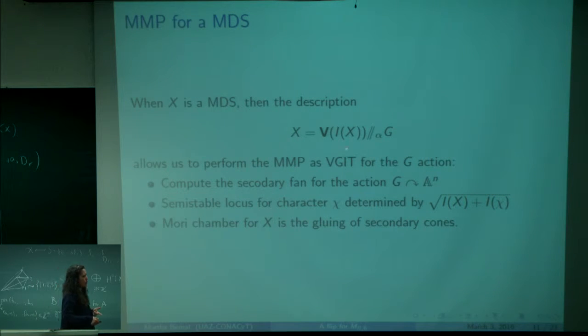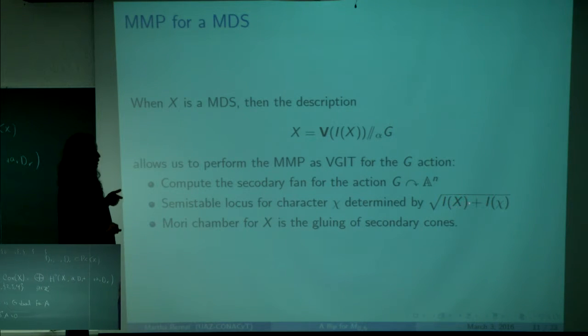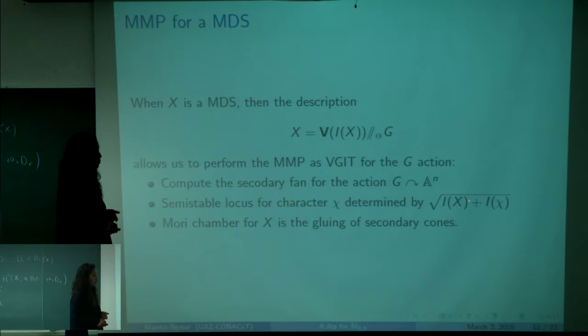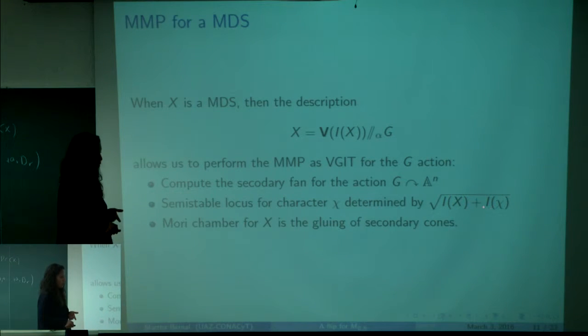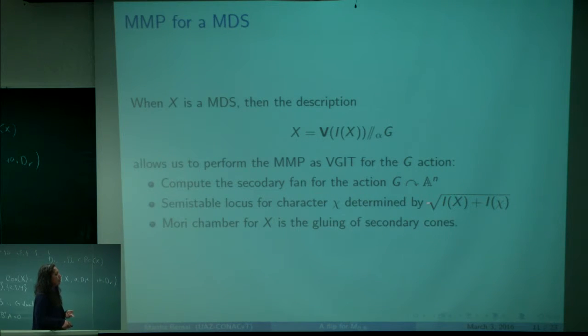You compute only the secondary fan for the action, and then you determine the semi-stable locus by checking: if you add the ideal of your variety to the unstable locus and take the radical, the zero locus of this ideal is going to give you the unstable locus inside V.